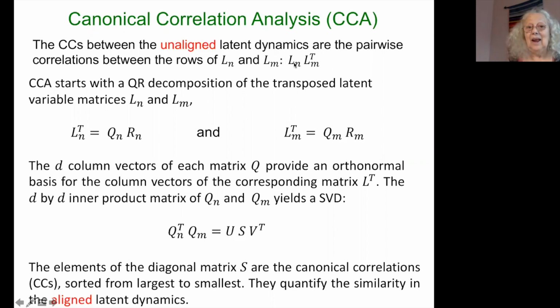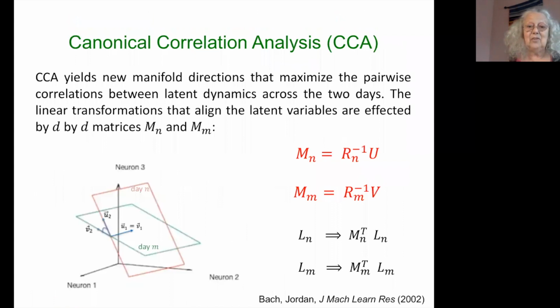We do this inner product and we do a singular value decomposition. This singular value decomposition will give me a new basis for day n and a new basis for day m. These are bases within the latent spaces. And the elements of the diagonal matrix are going to be the canonical correlations, and they are again usually sorted from largest to smallest. And they quantify the similarity in the aligned dynamics.